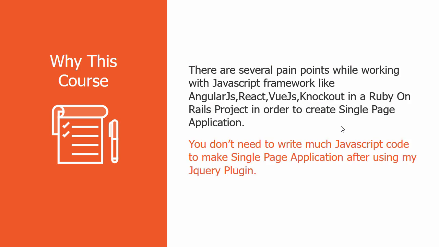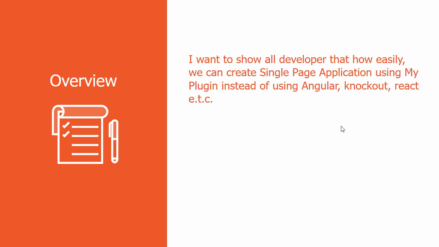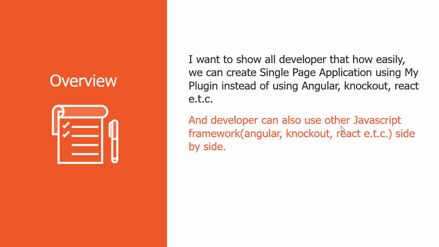You don't need to write much JavaScript code to make a single page application after using my jQuery plugin. I want to show all developers how easily we can create a single page application using my plugin instead of using Angular, Knockout, React, or any other type of JavaScript framework.